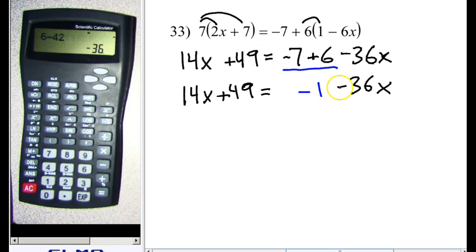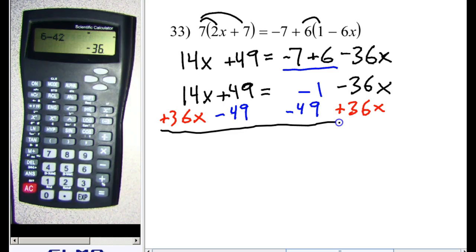Then we can add the variable on the right because it's negative, so I'm going to add to both sides. And then subtract the number on the left from both sides. So we get 14 plus 36, which is 50. 50 times what?